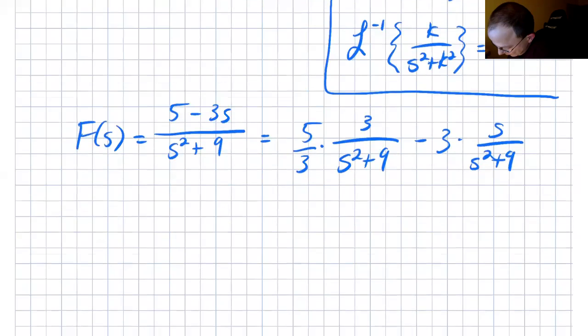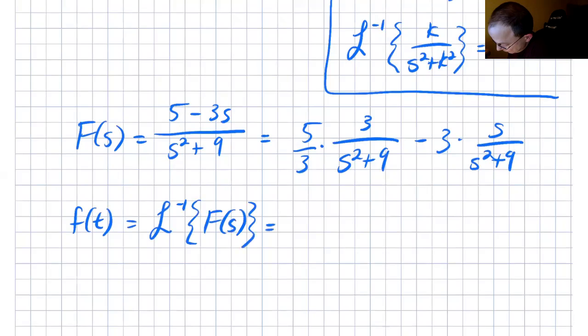So now I know that f of t, which is the inverse Laplace transform of F of s, is 5/3 sine 3t minus 3 cosine 3t.